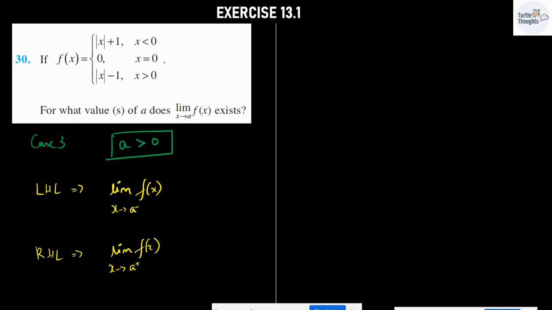When I have taken a negative and a positive, meaning that LHL and RHL, what is the value I should be considering? It is going to be mod x minus 1, because here in this case x is greater than 0, meaning that even a is greater than 0. How do we read this as? Limit of f of x as x tends towards a.